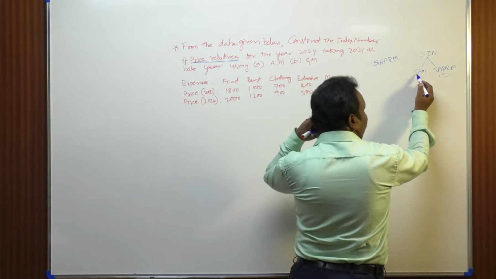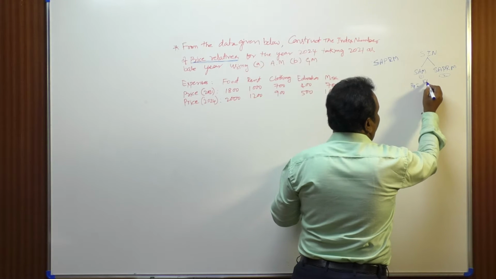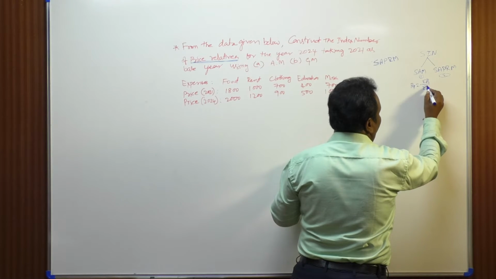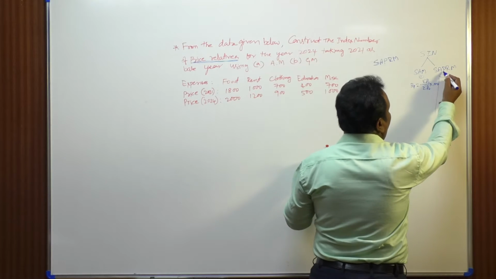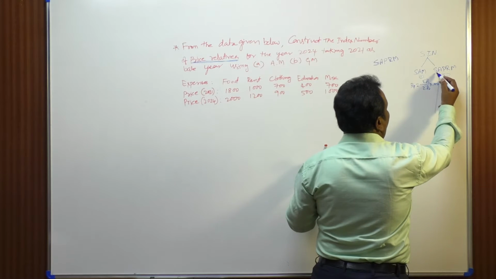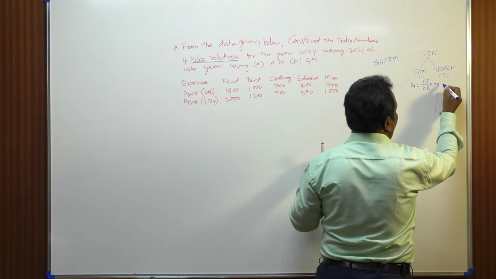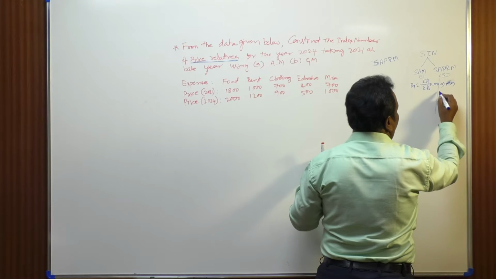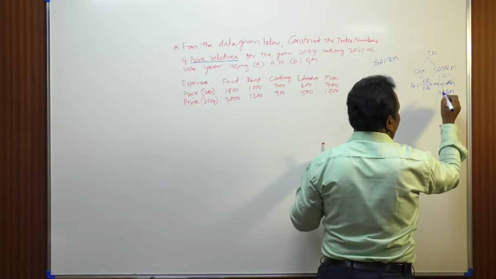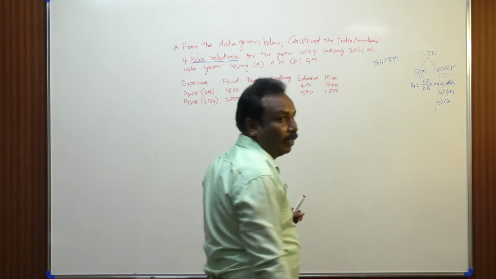In the first method, P01 equals sigma P1 divided by sigma P0 into 100. Under the simple average price relatives method, three are coming: A, arithmetic mean, B, geometric mean method, and C, median method.